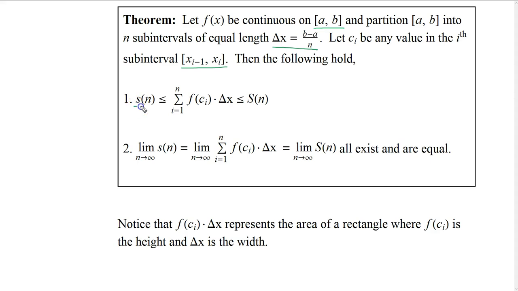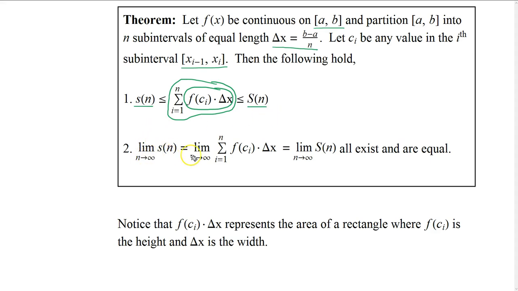The lower approximating sum is going to be less than or equal to the summation of the function evaluated at the c_i values times delta x. Each of these terms represents the area of a rectangle, and that's going to be less than or equal to your upper approximating sum.